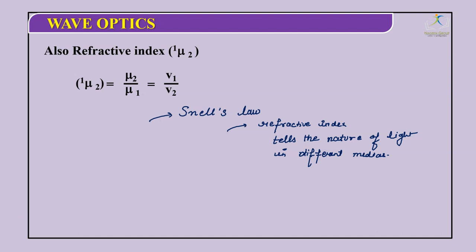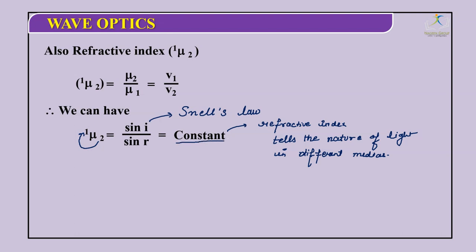This comes from Snell's law, where the refractive index is that constant which tells the nature of light in different media. Students, as you know, this is given already. 1μ2 is the refractive index of the second medium with respect to the first one. This law states that sin I by sin R is equal to a constant, and that constant is the refractive index.